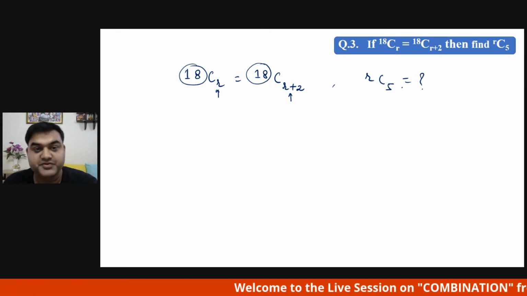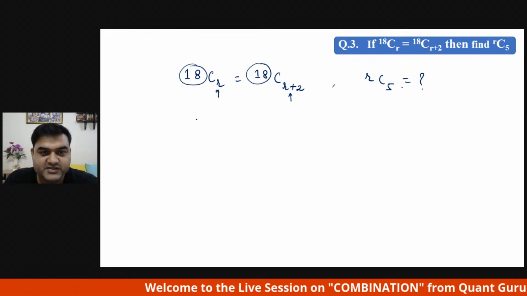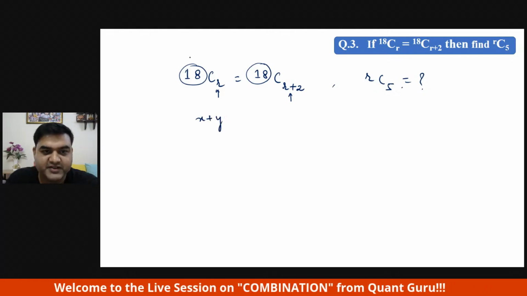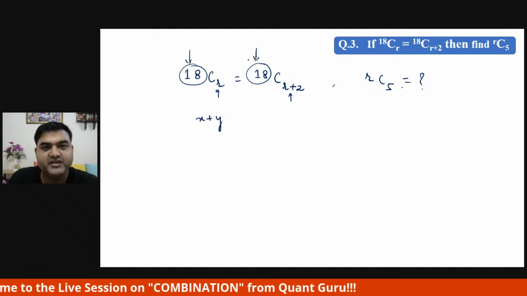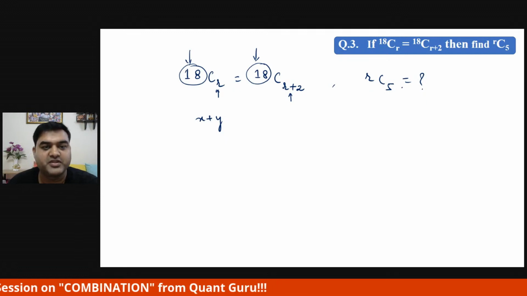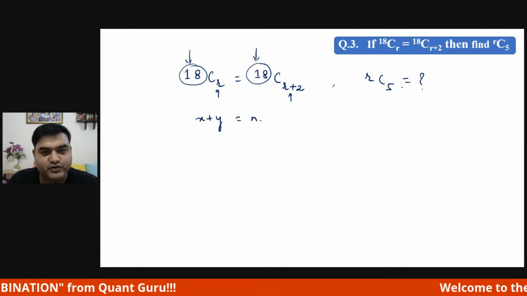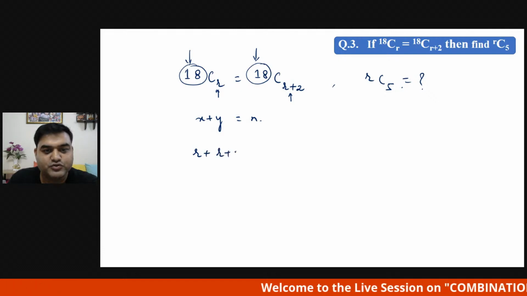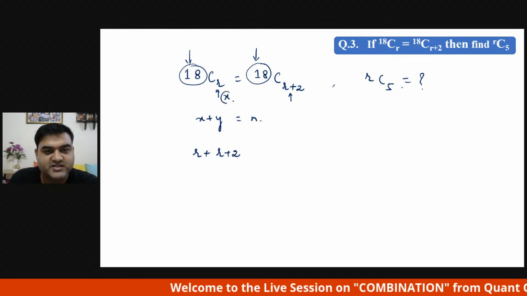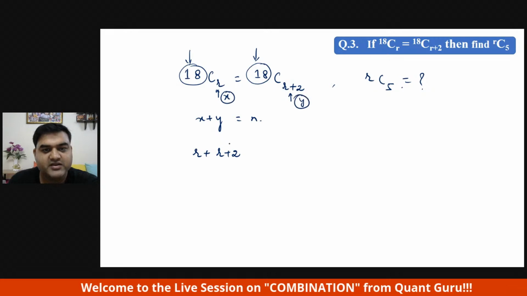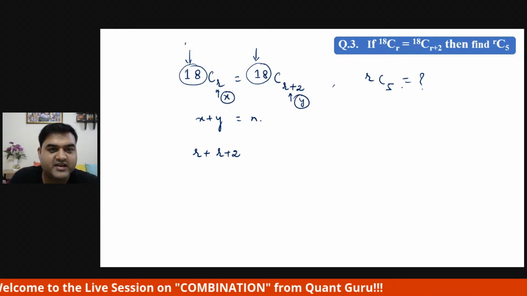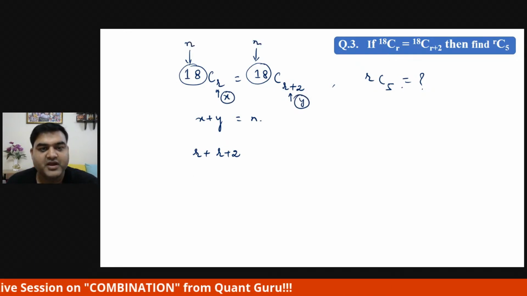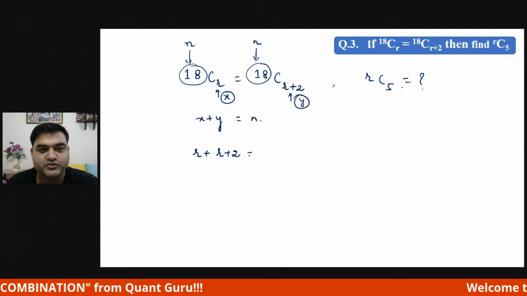Okay, let me try. What is the value of R? What we know is, if n is common, then X plus Y is equal to n. So here, considering this as X and this as Y, and this as n, R plus R plus 2 is equal to 18.